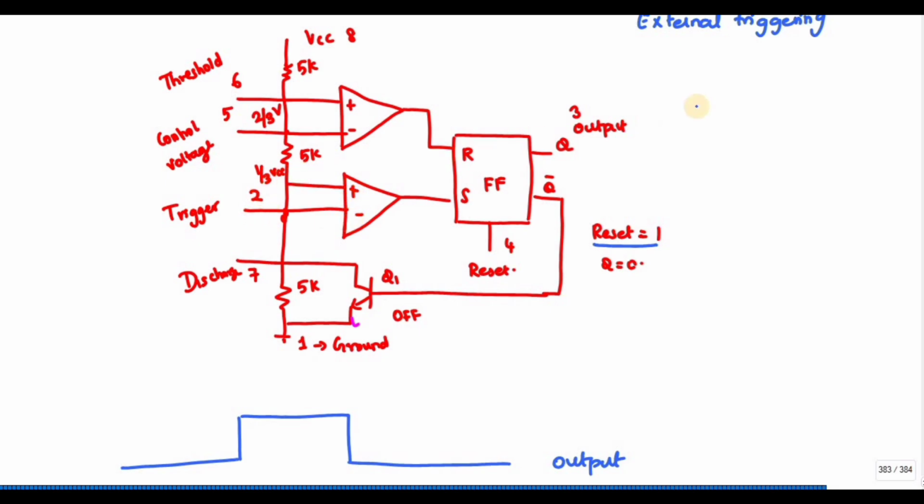So if pin 2 is 0 or less than 0, the plus value is greater than the minus value, so my set value S becomes 1. Here R is 0. So if S is 1 and R is 0, Q goes to 1. That is, Q becomes 1.